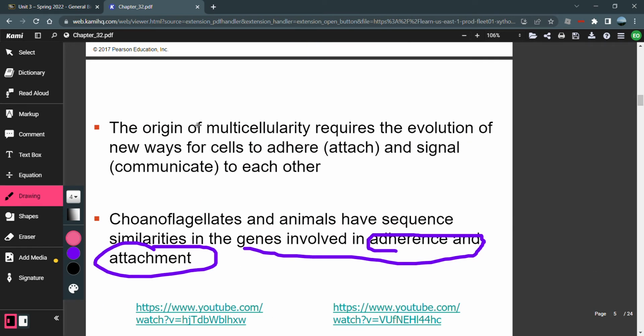The origin of multicellularity requires the evolution of new ways for cells to adhere, attach, and signal and communicate to each other. So animals are multicellular. There are no exceptions.